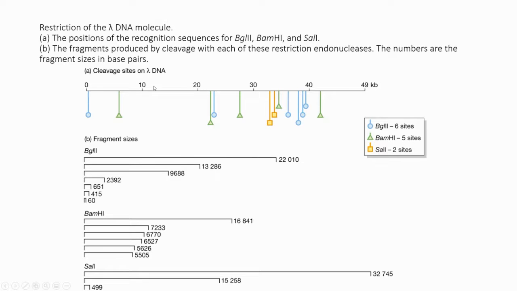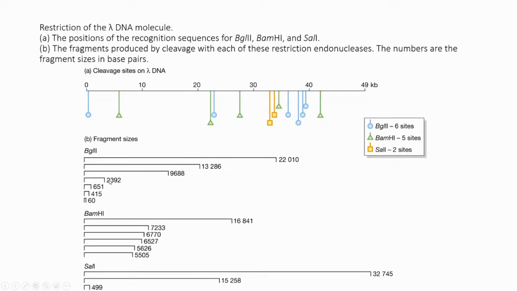Let's say, for example, this is a lambda DNA, 49 kilobases long. The blue enzyme, BglII, cuts at 6 different sites and gives you 7 fragments. For linear DNA, if you have 1 restriction site, that will generate 2 fragments.